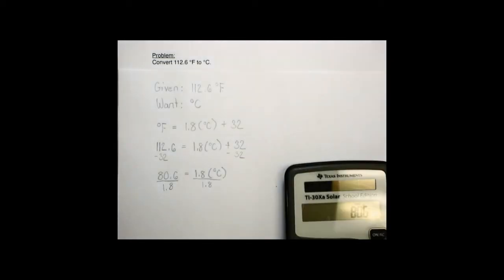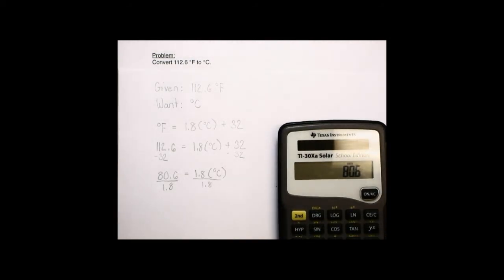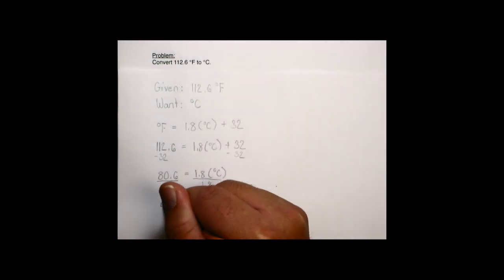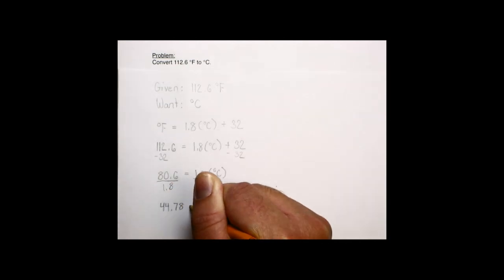So now, back to our trusty calculator. We take 80.6 and we divide by 1.8, and that gives us 44.7 repeating. We can go ahead and round this off at the hundredths place. So that gives me 44.78.